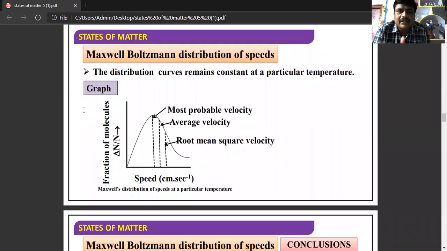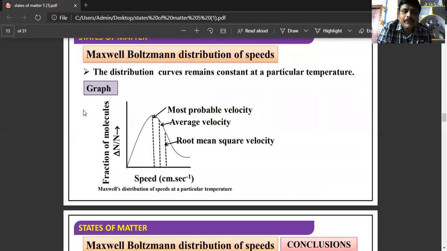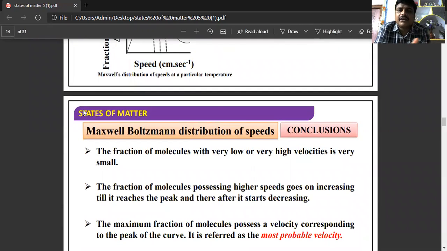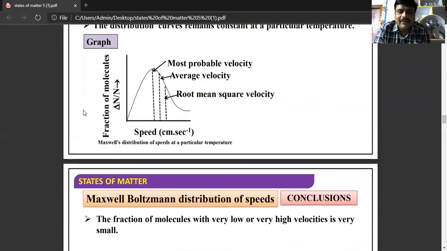This distribution is known as the Maxwell-Boltzmann distribution. If you see the graphs, the distribution curve remains constant at a particular temperature. In the graph between the fraction of molecules and speeds, the highest point is the most probable velocity, the second is the average velocity, and the third is the RMS velocity.